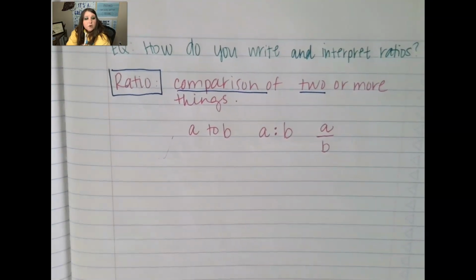So, for example, if we were looking at comparing the ratio of cold water to glue, so like maybe we're making flubber.